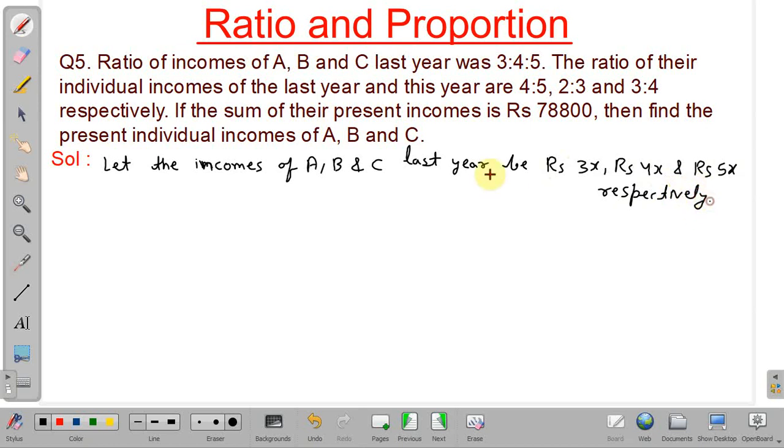Okay, so last year income we have assumed, and on the basis of the ratio of income of last year and present year, we can calculate present year income of each person.